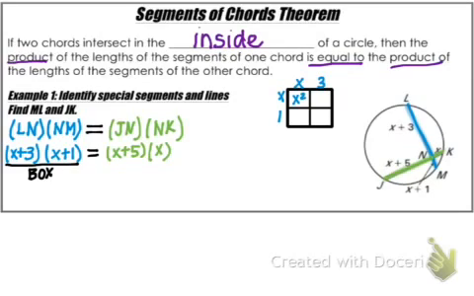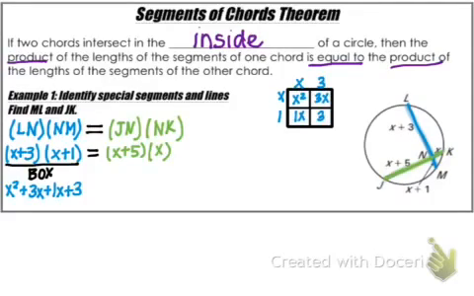So x times x will be x squared, 3 times x is 3x, 1 times x is 1x, and 3 times 1 is 3. So I'm going to take the inside of this box and write it underneath where I needed to distribute. So I take each part of the box, x squared plus 3x plus 1x plus 3, and replace it where we had the x plus 3 times x plus 1.